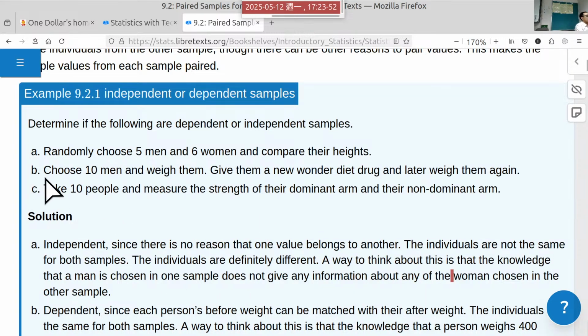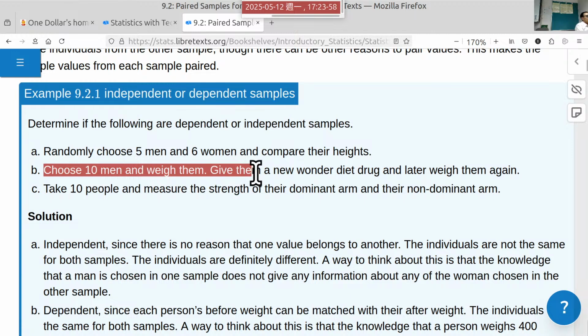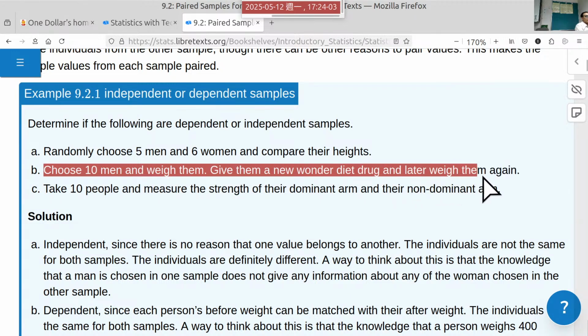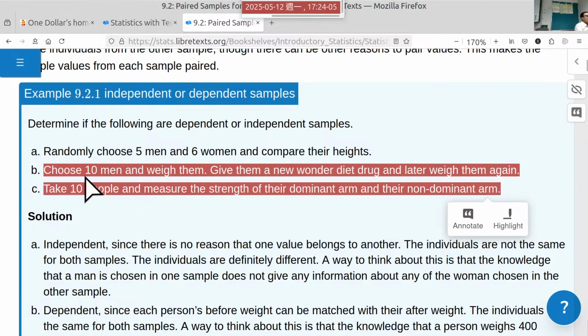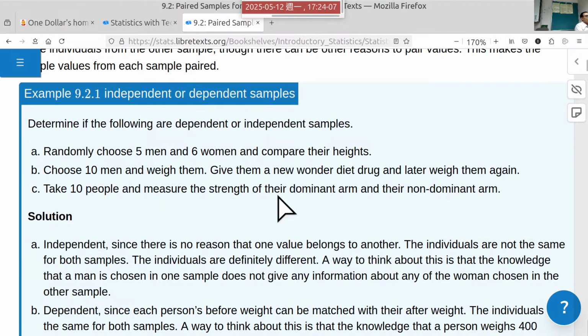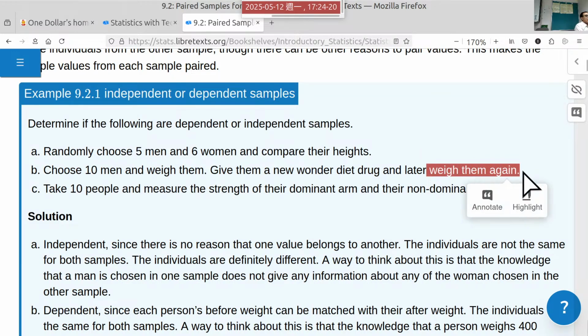Okay. Second one: choose 10 men and weigh them. Give them a new wonder diet drug and later weigh them again. Actually, the 10 men are still the same 10 men.